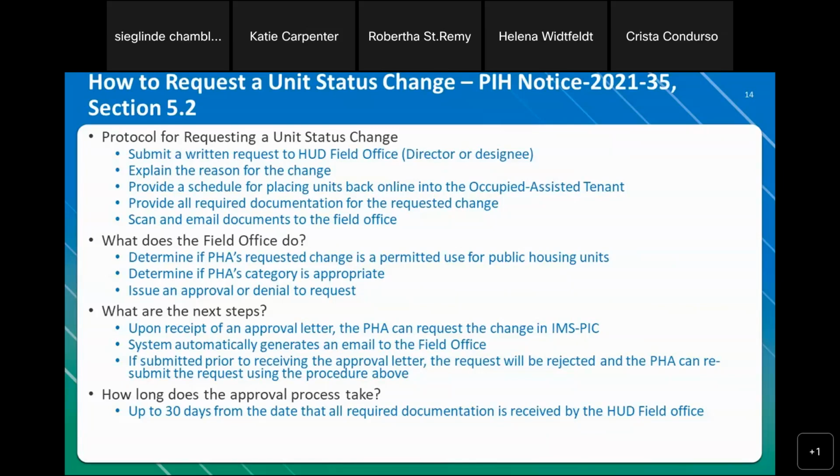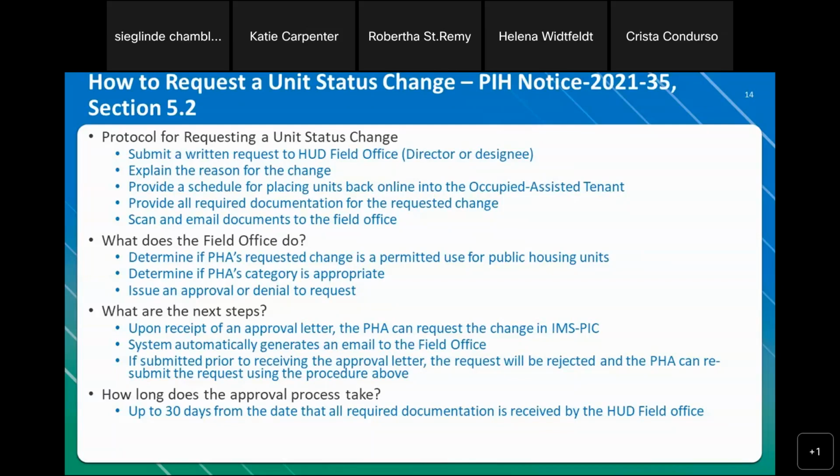Provide a schedule for placing units back online into the occupied assistant tenant. It is critical that we know when units come back online, how long they will not be in occupancy.